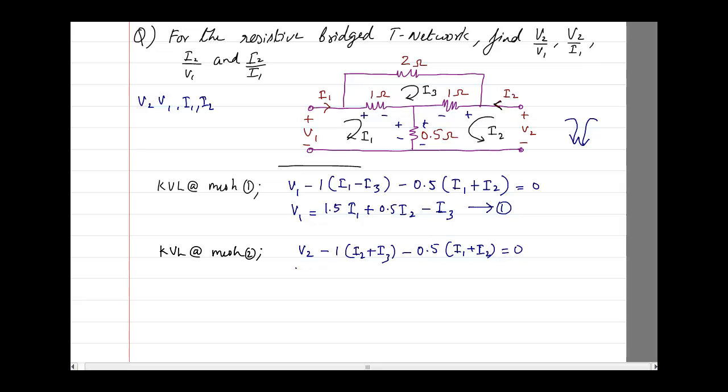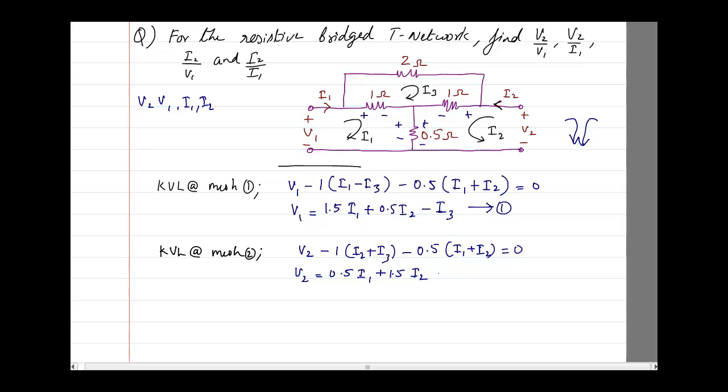So from here I can get V2 is equal to, now the I1 term is minus 0.5, so if I take it to the other side it becomes 0.5 I1. Then I2, here I am having I2, there is one here and another one here, so 1 and 0.5, I will get plus 1.5 I2.